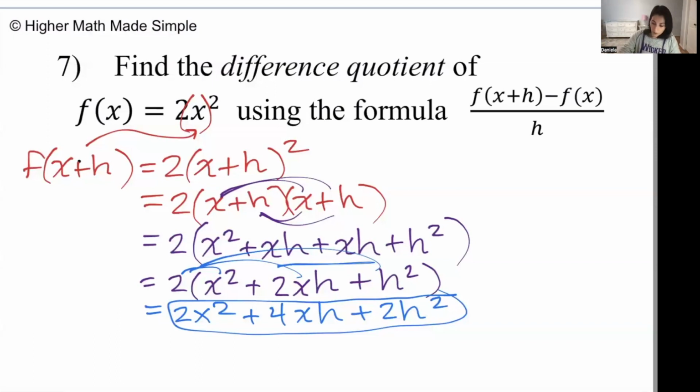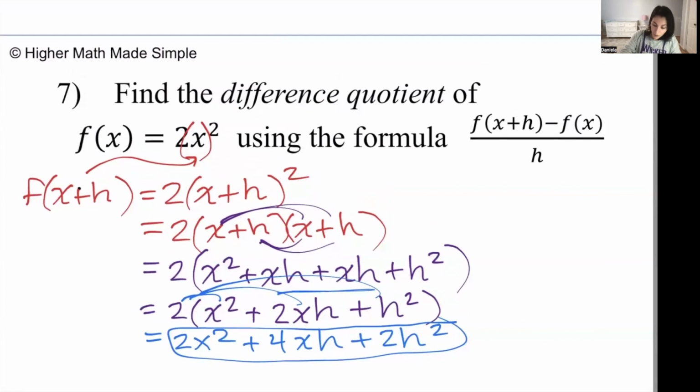Okay, so what I'm going to do now is, because we know what f of x plus h finally equals, now it's time in the formula to make that substitution in that spot.